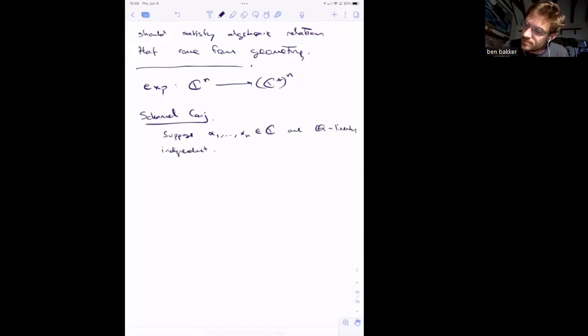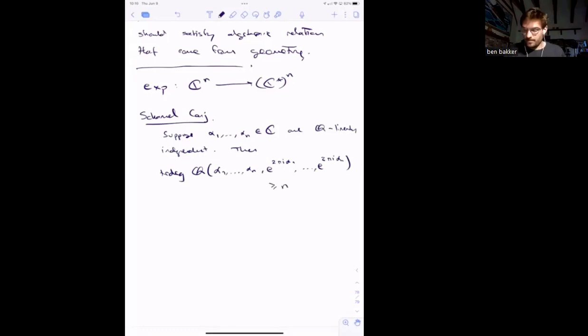Then the transcendence degree of the field generated over Q by these numbers and their exponentials, I'll put in the 2 pi i because that's what we've been doing, but you don't need the 2 pi i, is bigger than or equal to n. This is the transcendence degree over Q.